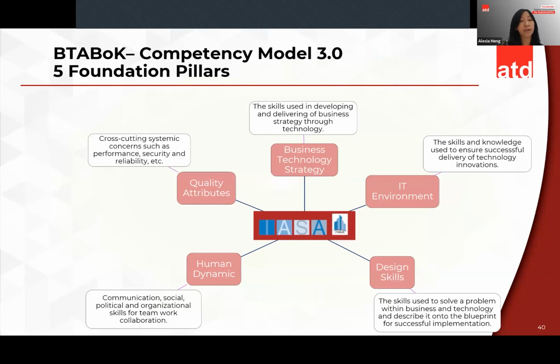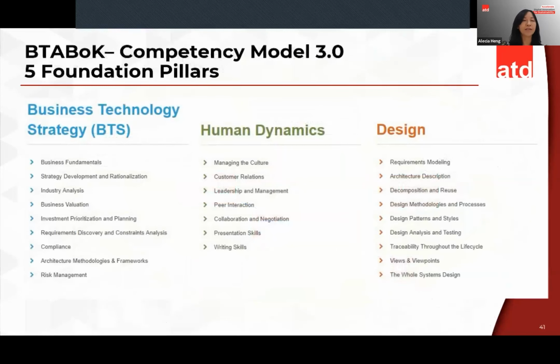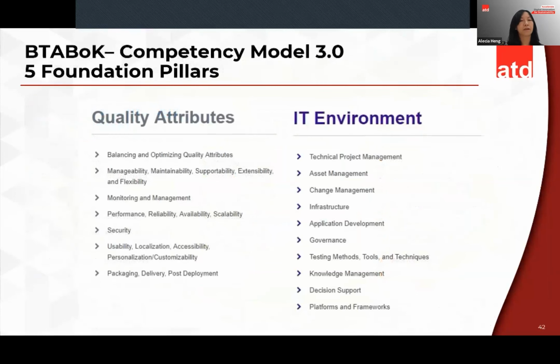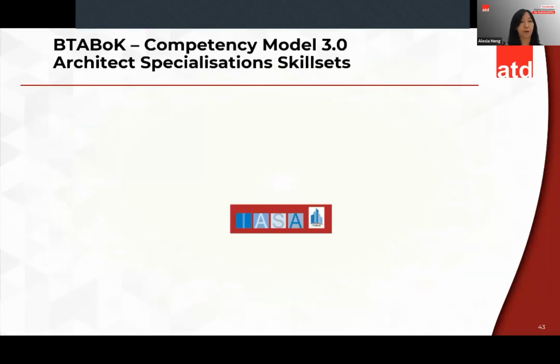And we are also looking into quality attributes, which are quite important when we build IT solutions. These are the areas of skills and competency covered in each of the categories of the foundation pillars. Besides the 5 foundation pillars, we are also looking into 4 architect specialized skill sets.